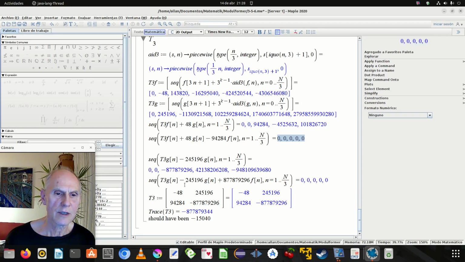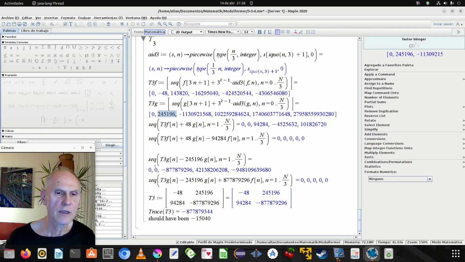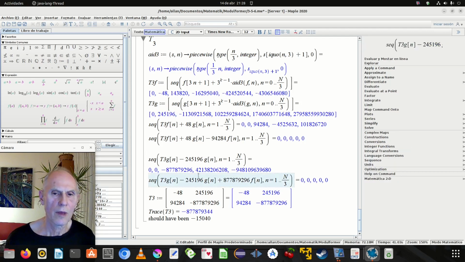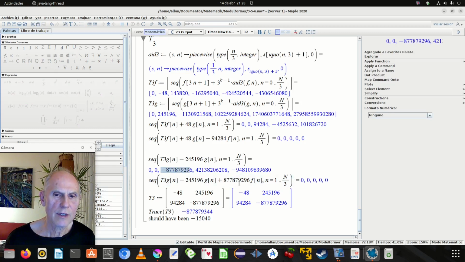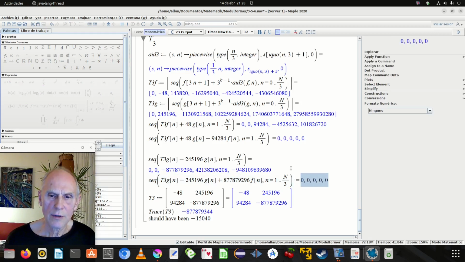So the matrix is minus 48 plus that. And we do the same with T3 of G. We got it here. So we subtract this times G. And we have got that here, so we add this times F. And that vanishes.